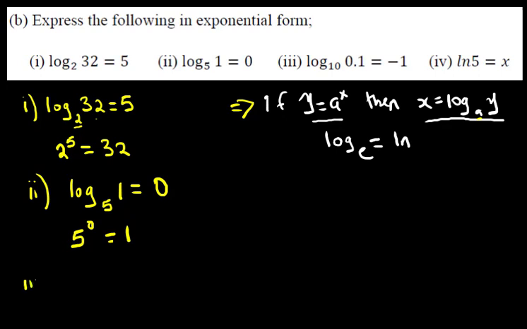For number 3, we have log base 10 of something is negative 1, that is, log 10 is 0.1. These are simple questions that you can capitalize on in the exam or test, because you're just converting. So this becomes 10 raised to the power negative 1 is equal to 0.1.